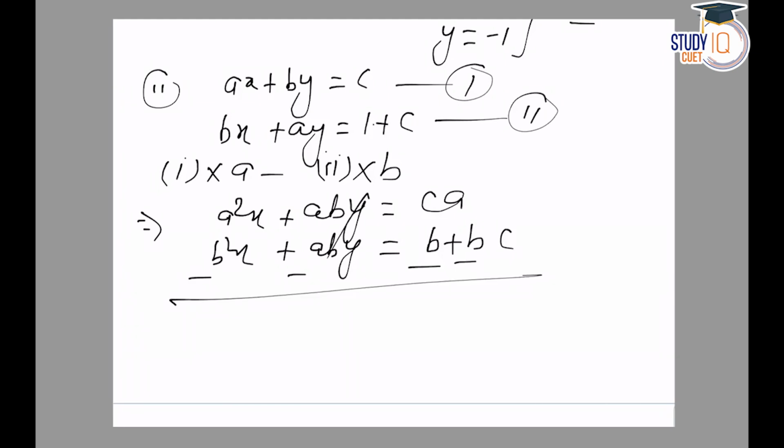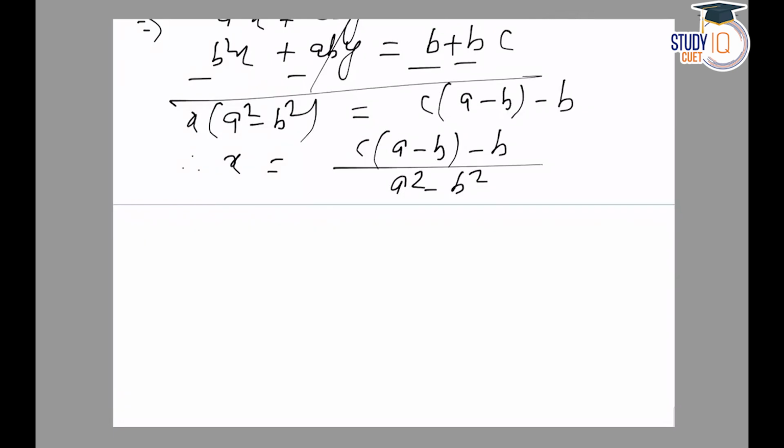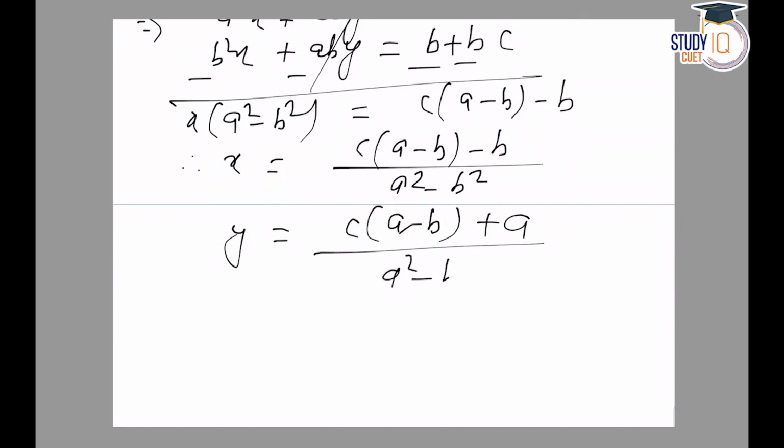So y will be cancelled out, and x times a square minus b square will be c into a minus b, hence x equals c into a minus b divided by a square minus b square. Now put the value of x in any one equation, we get y equals c into a minus b plus a divided by a square minus b square. That is the answer.